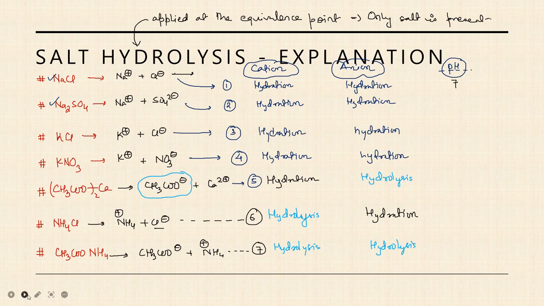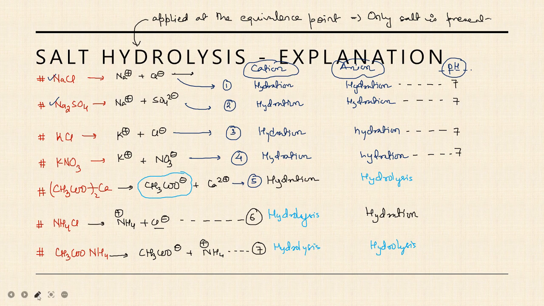अब अगर मैंने pH लिखना है सभी की केस में, सो जहां पे सिर्फ और सिर्फ हाइड्रेशन हो रहा है कैटायन एज वेल एज एनायन का, वहां पे pH इनवेरिएबली 7 ही रहने वाला है. ओके, इसका 7 रहेगा pH, इसका भी 7, it will be 7, it will be 7.